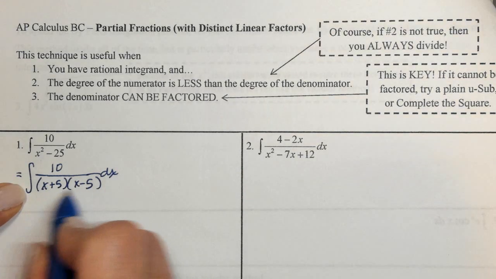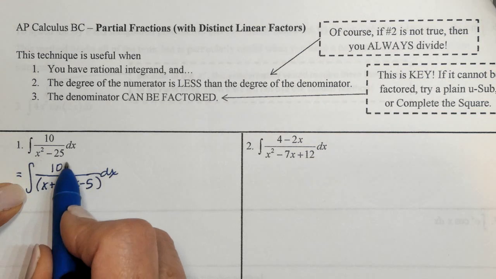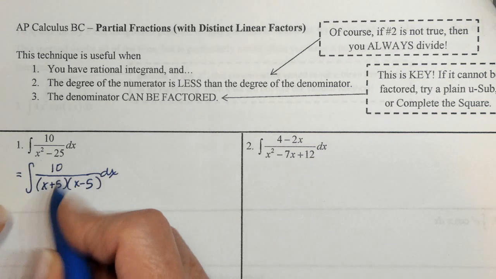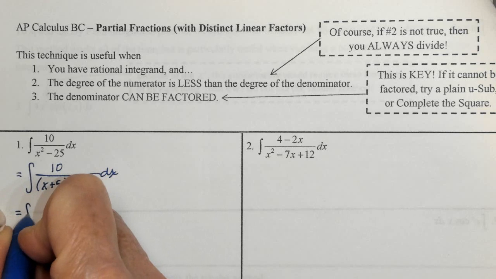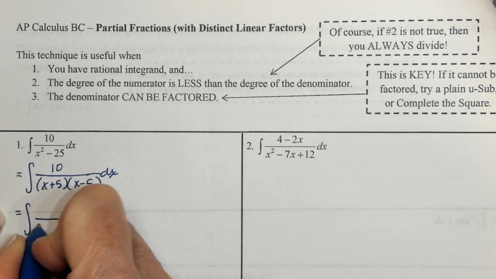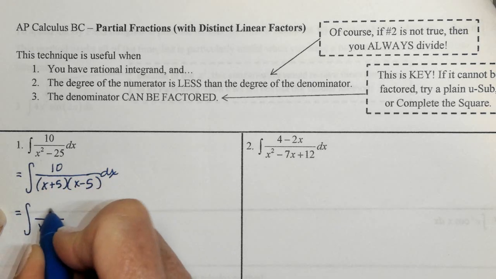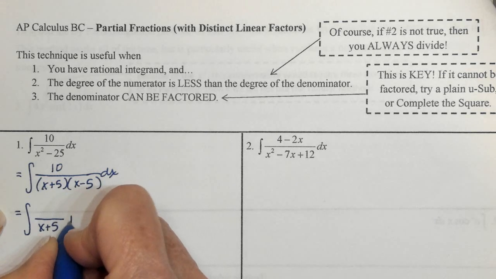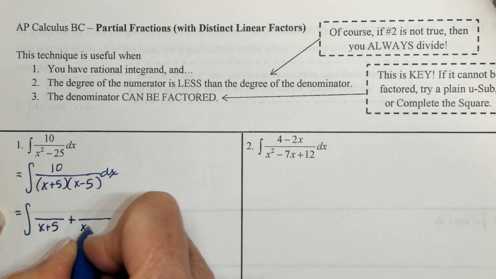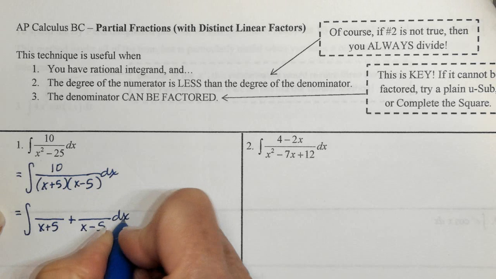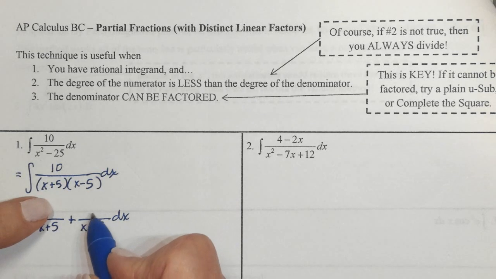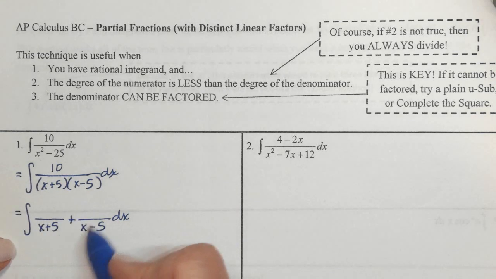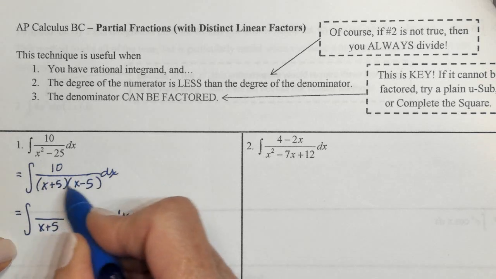So now that I have written it like this, and the degree of the numerator is less than the degree of the denominator, I know that I can write this as something over x plus 5 plus something over x minus 5. I just need to find out what those two somethings are that make this thing add together to get this thing, right?